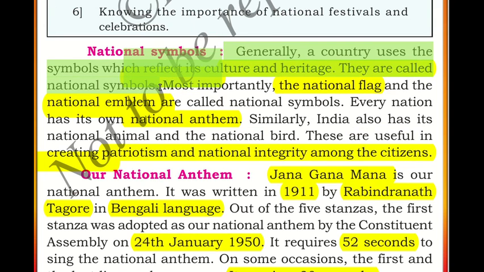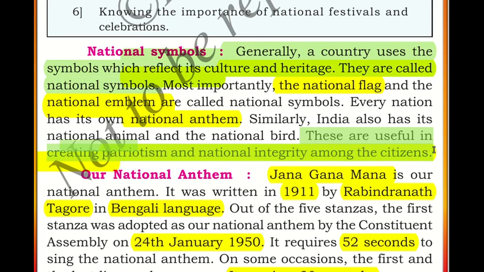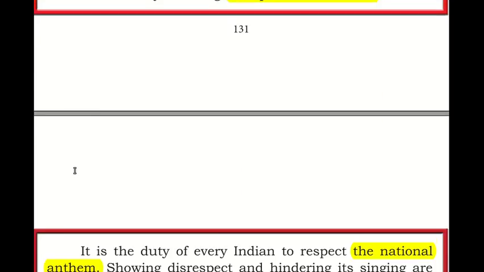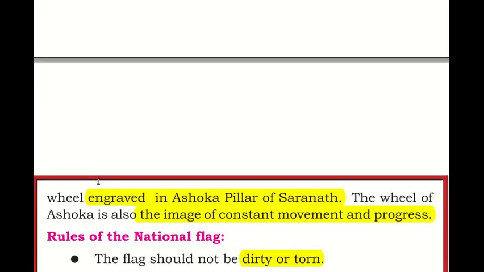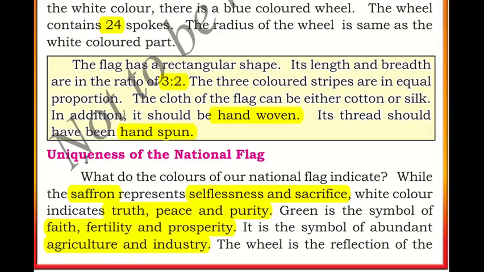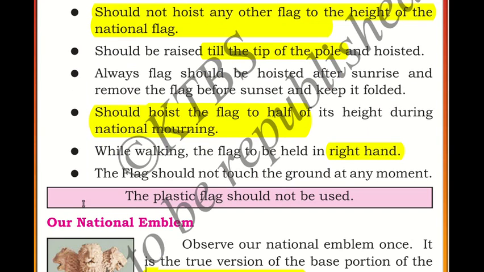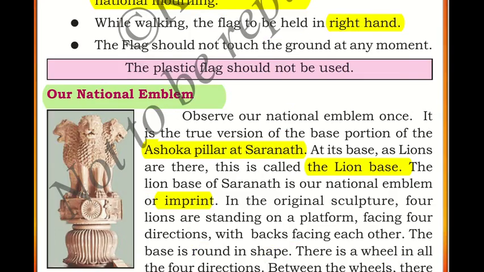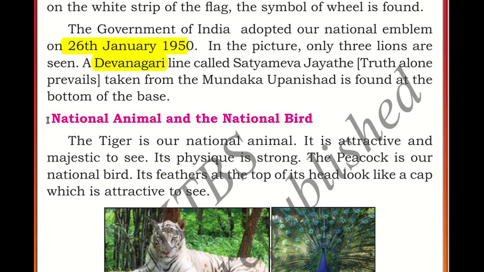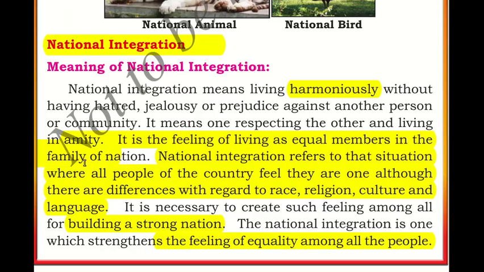So here we have the definition, and we need to add how they are useful in creating patriotism and national integrity among the citizens. You need to add points about the national anthem, the national flag. You need not include it in detail; the uniqueness or the rules can be either briefed about or left out when you're answering about so many different factors. Finally, about the national animal and bird.